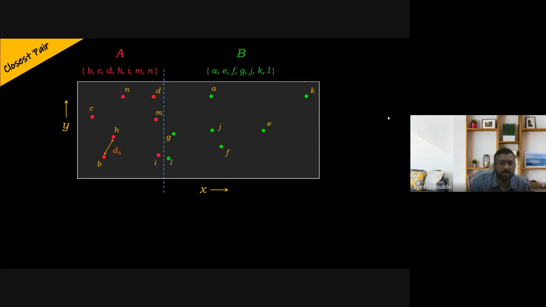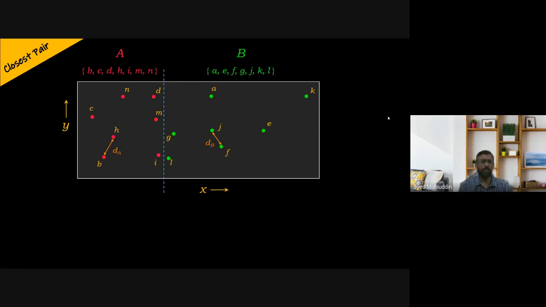Assume that we found the minimum distance among all the points in A, the red dots, as D of A. And with respect to partition B, assume that we divided and found the smallest distance between the pair J and F. Let's call it D of B. Then we combine.